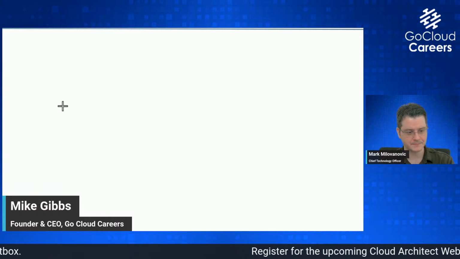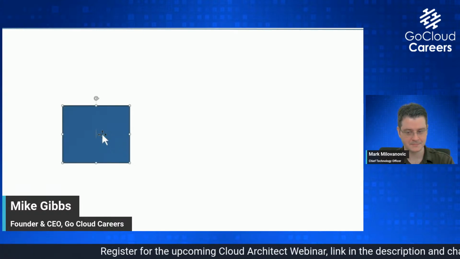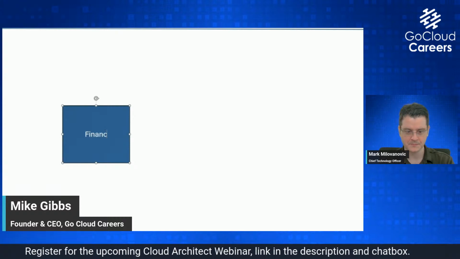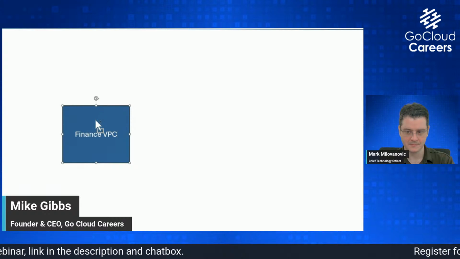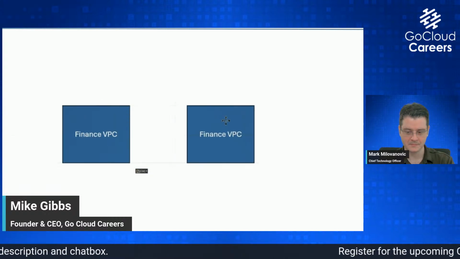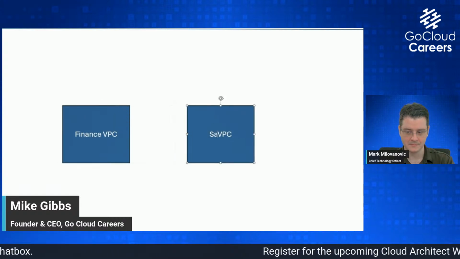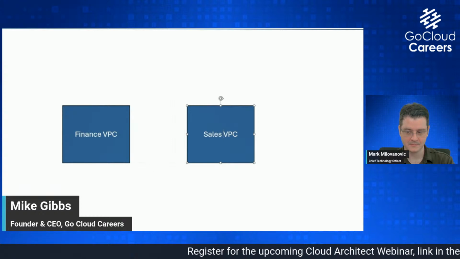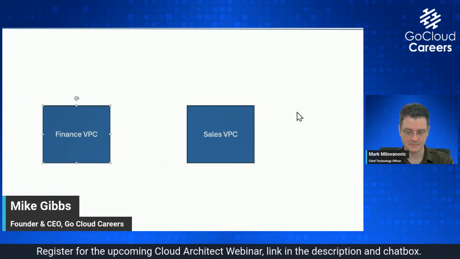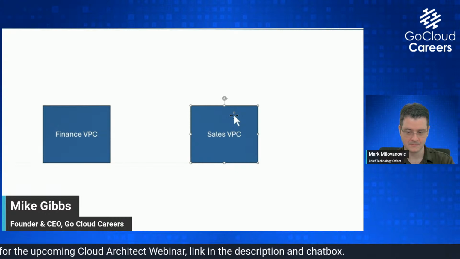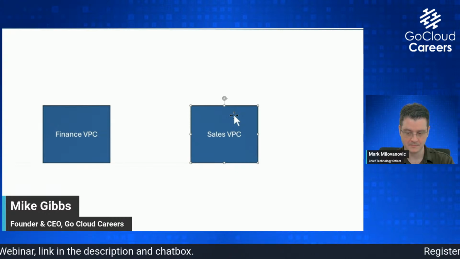So VPC peering could be one of two things. I can have two VPCs. This could be my finance VPC, and I could have another VPC for sales. Now, these could be in the same company. And if I keep the finance VPC separate from the sales VPC, no one from sales can read finance and no one from finance can read sales.